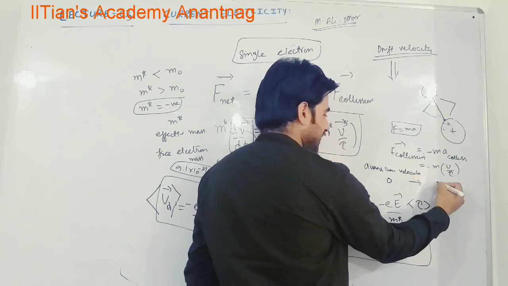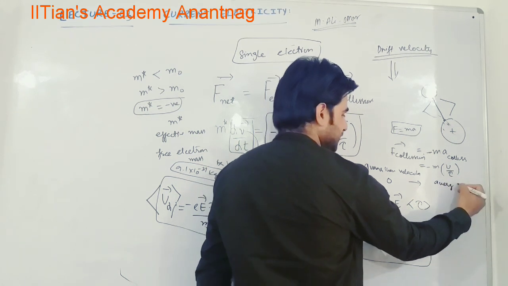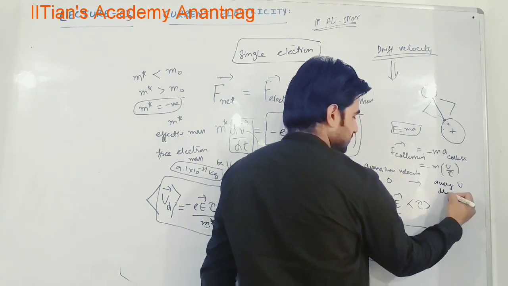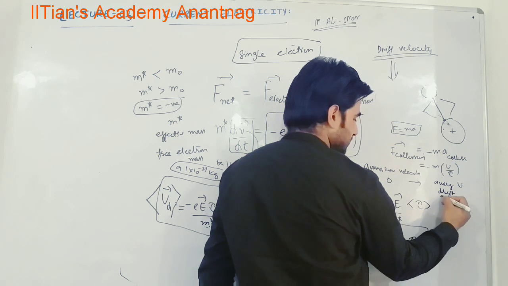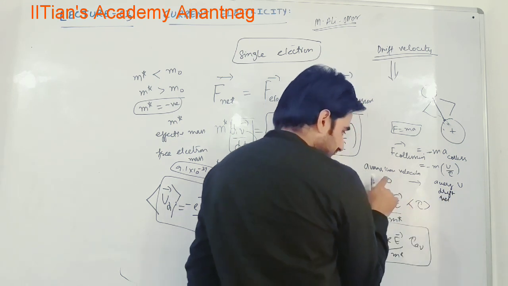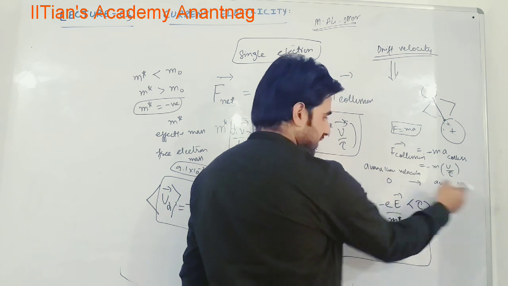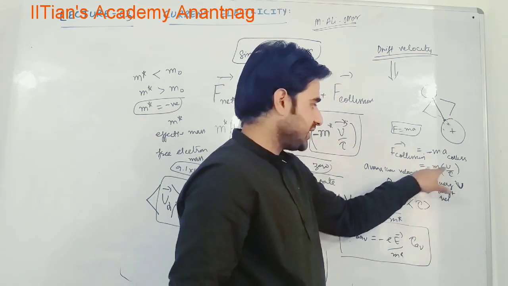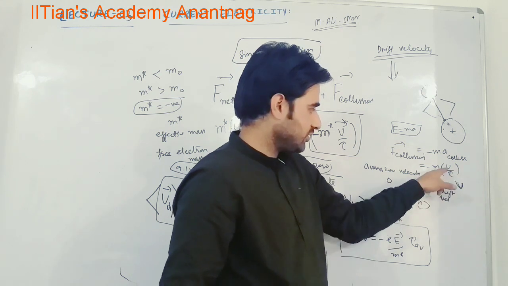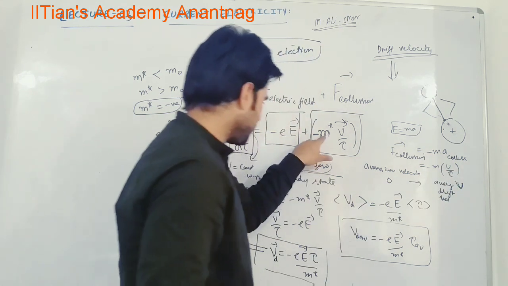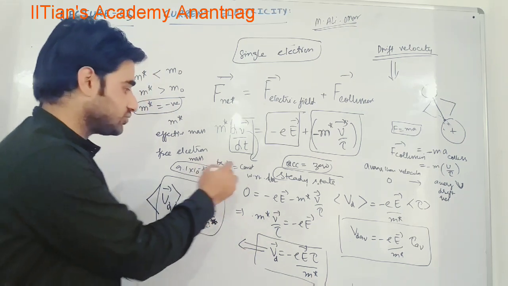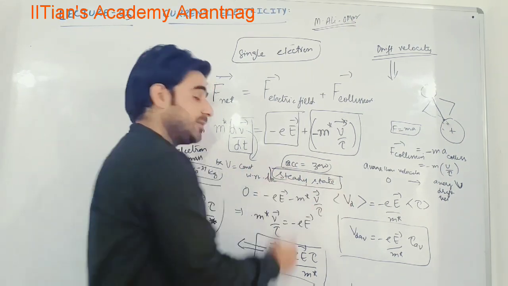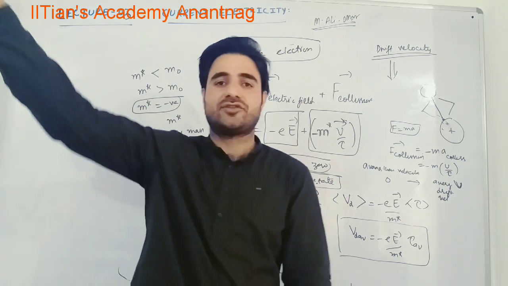Now they have some average drift velocity. So they start from average thermal velocity 0, ending up with drift velocity V. That is why V is equal to U plus AT, where U is 0 and A is V by tau. Later on I have to solve for steady state. If I use the accelerated state, then I am going to electromagnetism.